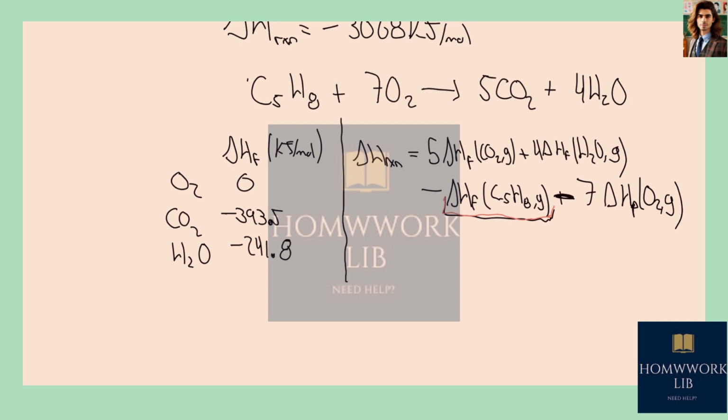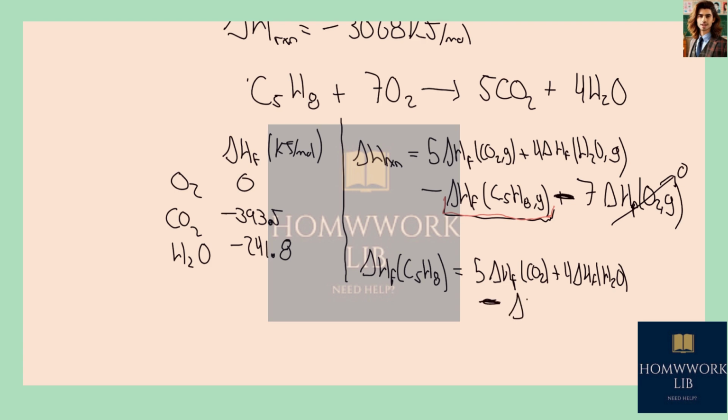Just to simplify it a little bit, we know that the enthalpy of formation for oxygen is equal to 0, so we can directly say that the delta H of formation for C5H8 is going to be equal to 5 times the enthalpy of formation of CO2 plus 4 times the enthalpy of formation of water, minus the delta H for the reaction that is given to us. I'm going to omit the phases just to keep the notation simpler.